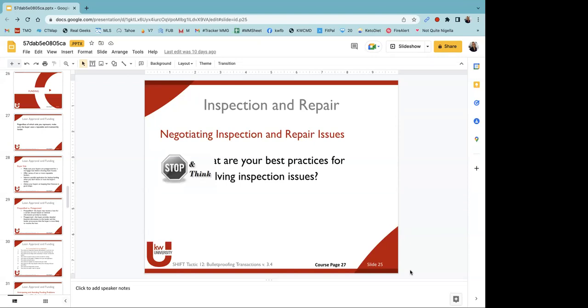Right, and the seller also has a little bit of responsibility for the ongoing maintenance that might have been overlooked or pushed aside, and now they're selling.